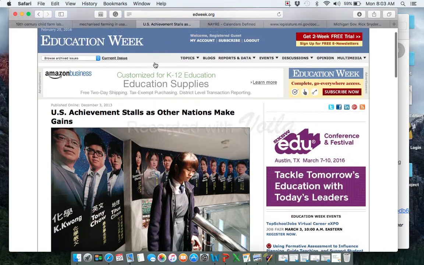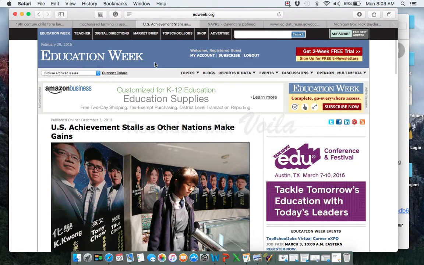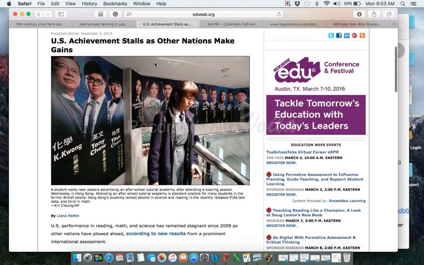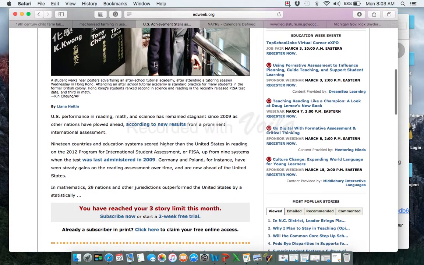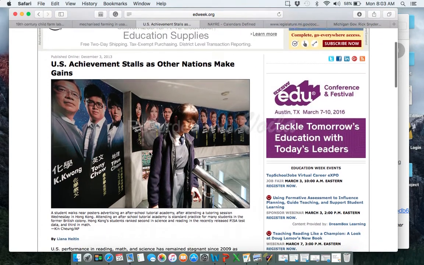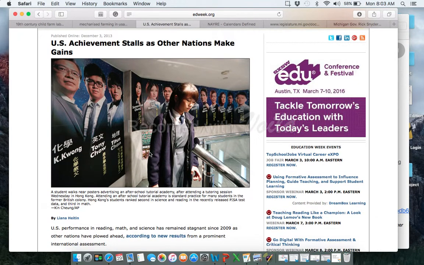Furthermore, the United States is falling behind other nations with respect to academic achievement. According to the Program for International Student Assessment, the United States continues to slide with respect to reading, math, and science achievement.